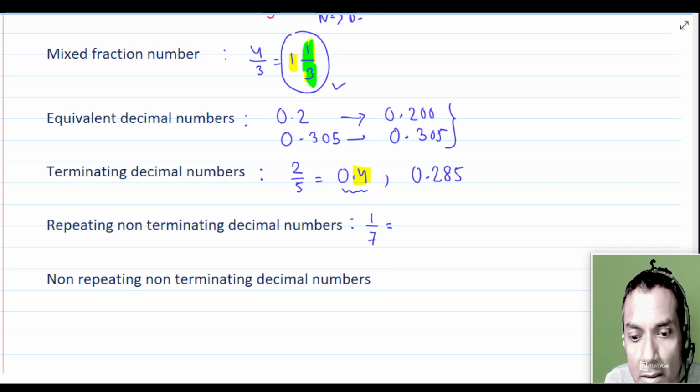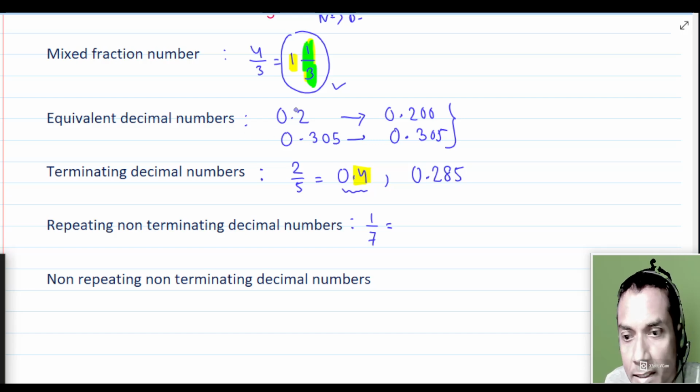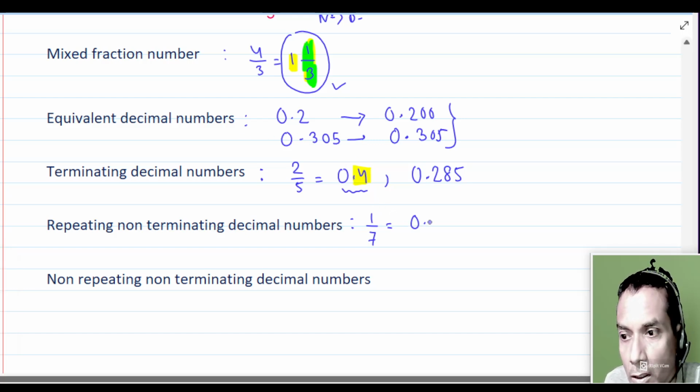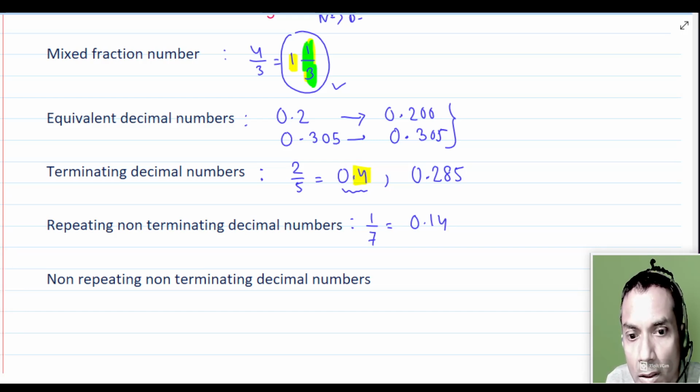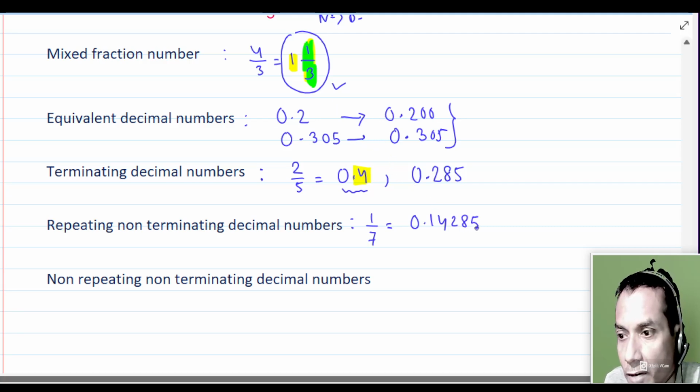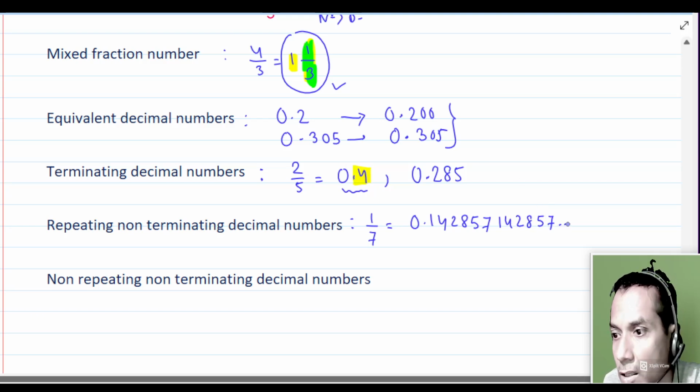Let's check: 1 divided by 7. We get 0.142857, 142857, again 142857. Now look at this number and continue.